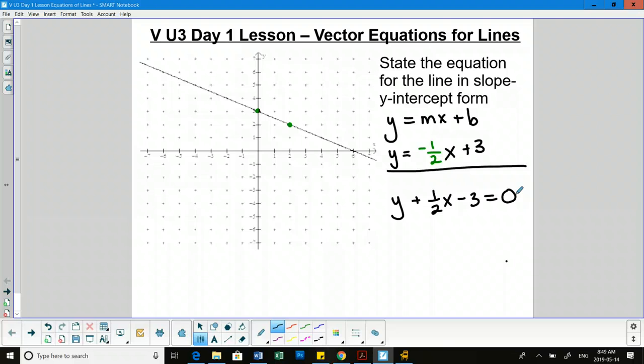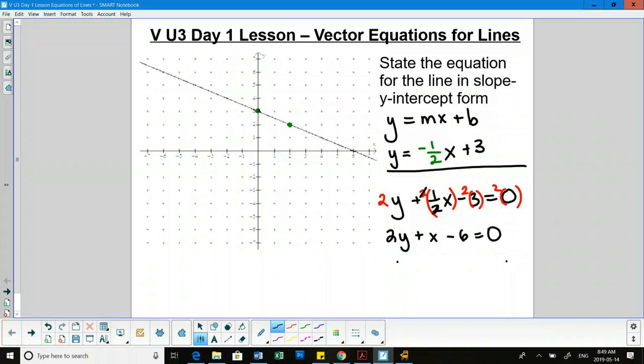Usually we aim to have no fractions, so I'm going to multiply each term by 2. I can do this on the 0 side as well, but that doesn't make much of a difference. Then we'll see that the 2's cancel each other out here, so we're left with x minus 6 equals 0.